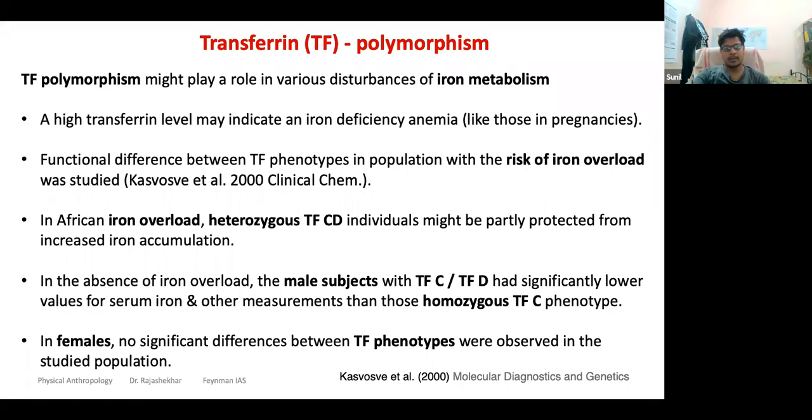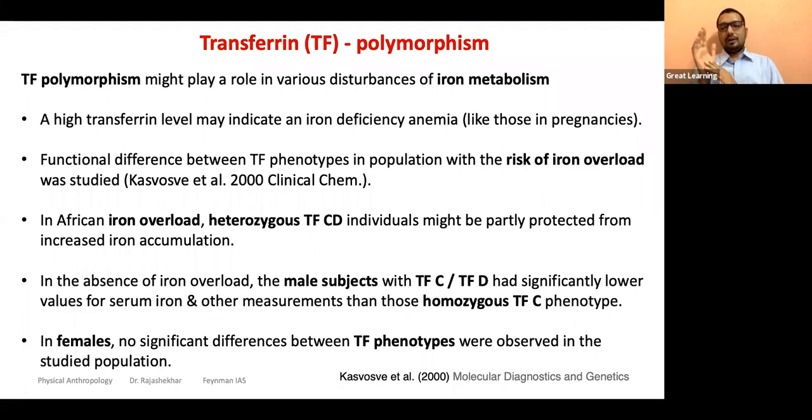So more transferrin means iron deficiency. More free form of transferrin means iron deficiency. Because if there is enough iron, there is a range for it. I excluded that information, but I remember seeing in clinical testing that they have percentages. Anywhere between 20 to 40, if I'm not wrong, is kind of saturated. Below 20% means we have more free transferrin, less iron, not enough iron to bind to the transferrin.